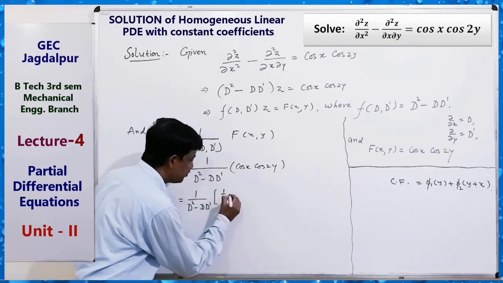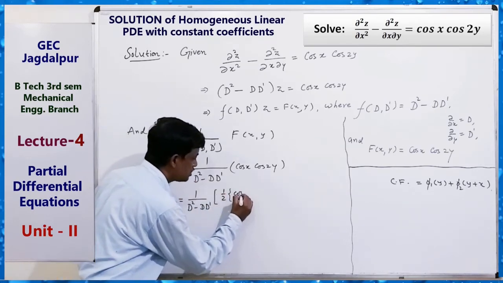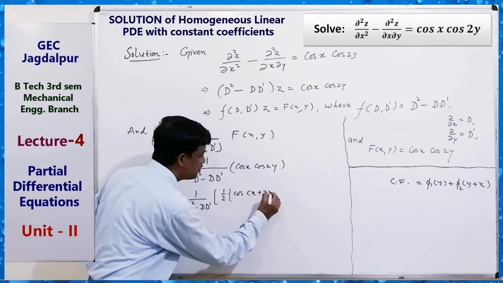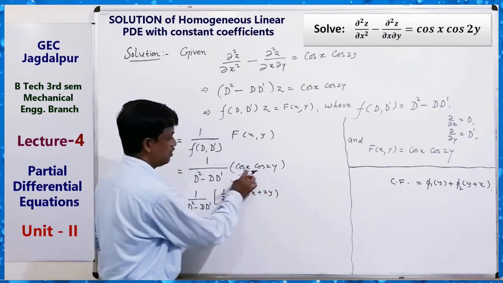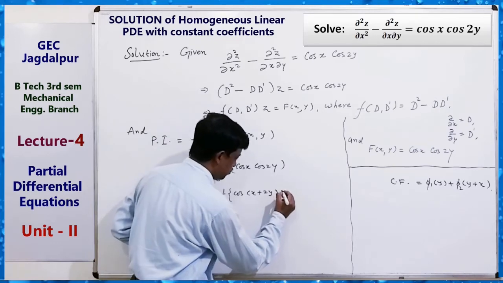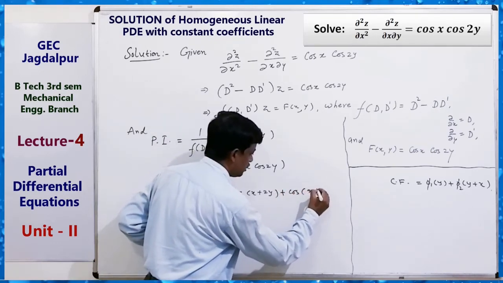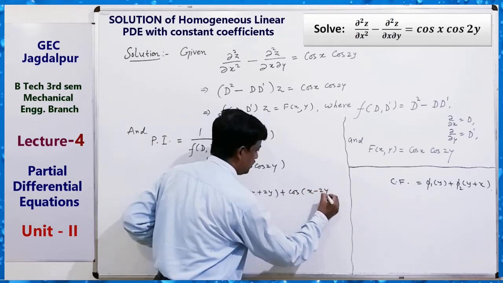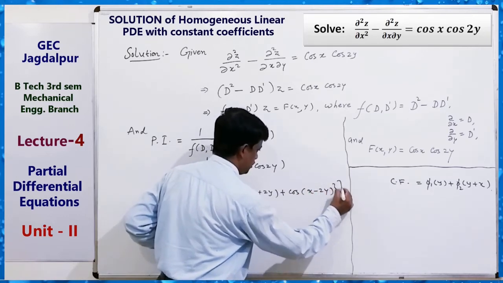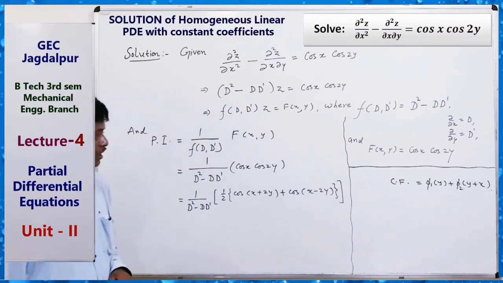So 1 by 2 cos a plus b plus cos a minus b. You can write like this.